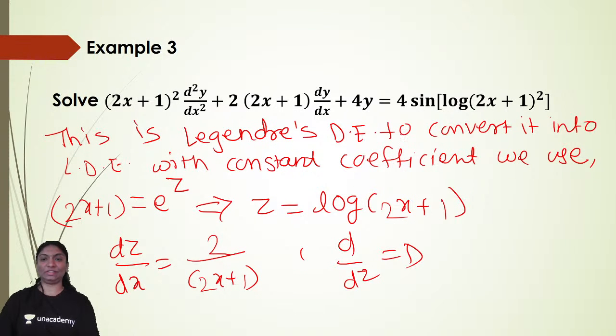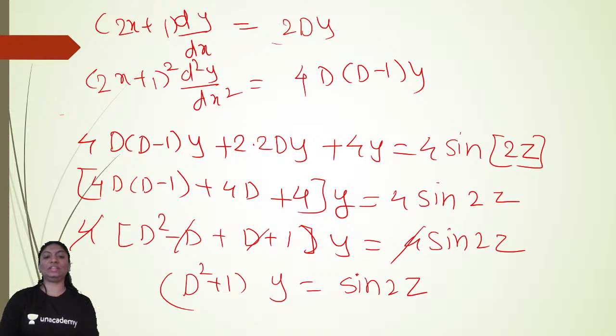Now look at your original differential equation and see how we converted it into a linear differential equation with constant coefficient. Now it is very simple. Now we will find out the solution for this. We will use the auxiliary equation.